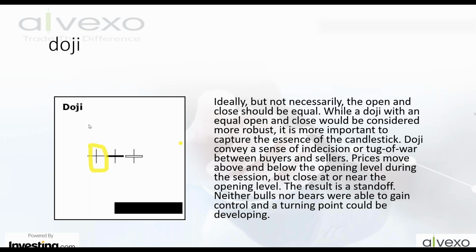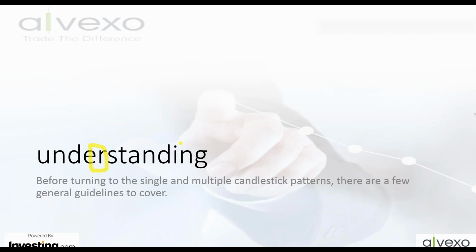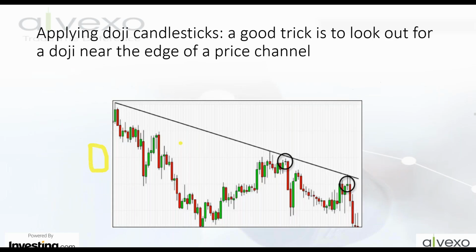Now we have dojis that have equal wicks above and below, and then we have dojis that have very, very long wicks. But again, we always want to be looking at where a doji appears in relationship to the trend.